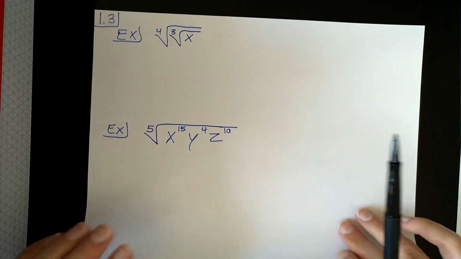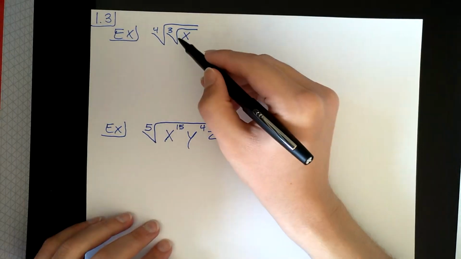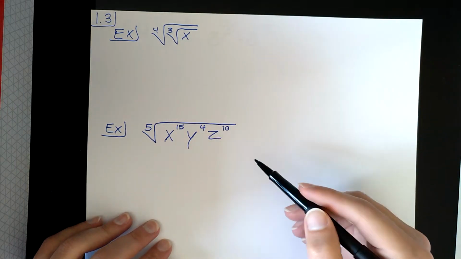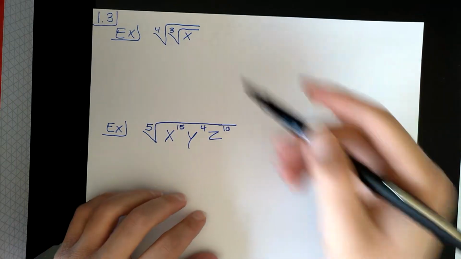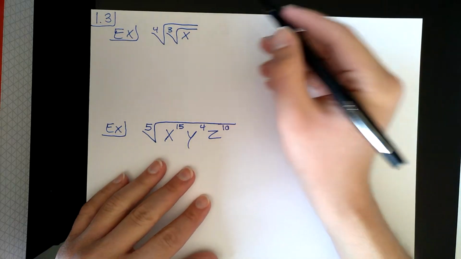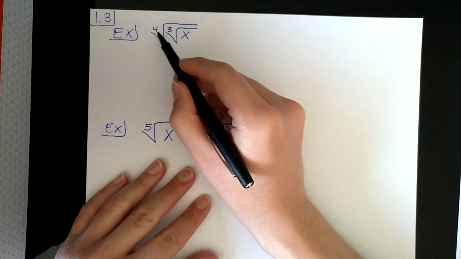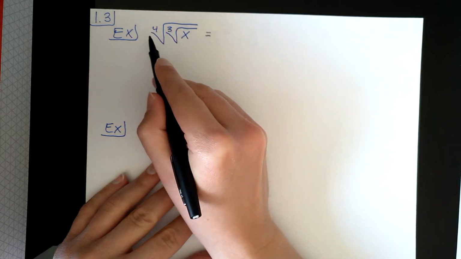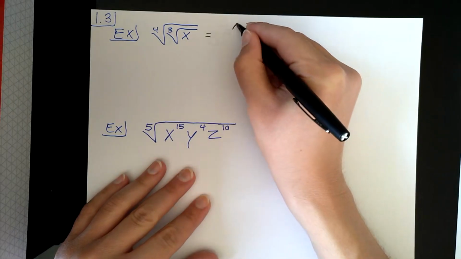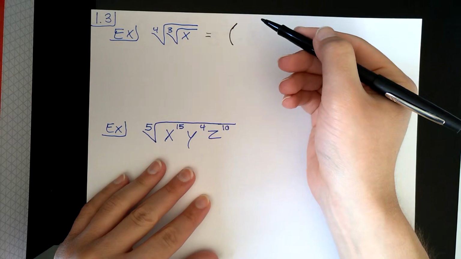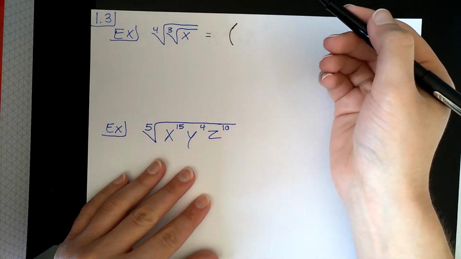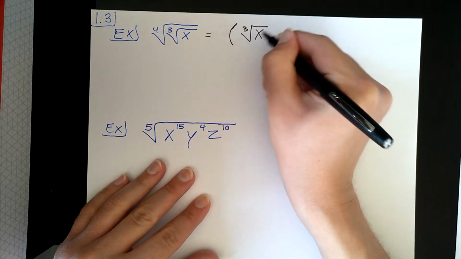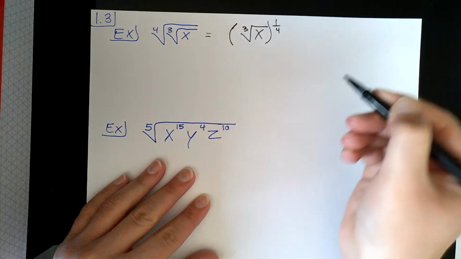Let's go ahead and try this out. We have the fourth root of the cube root of x. So for this problem, the first thing that we should start off with is working from the outside. Working from the outside, the fourth root, we can change that to a rational exponent or fractional exponent because the fourth root just represents the 1/4 power.